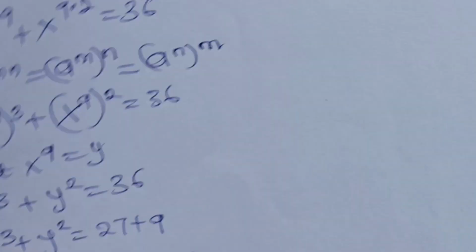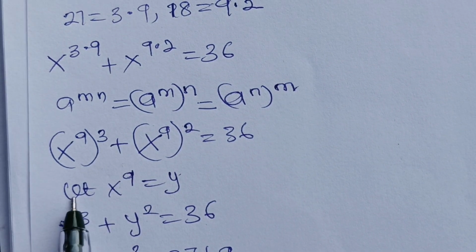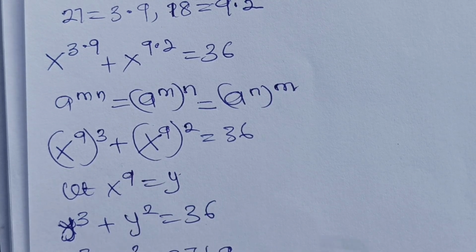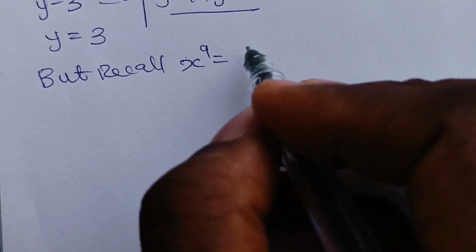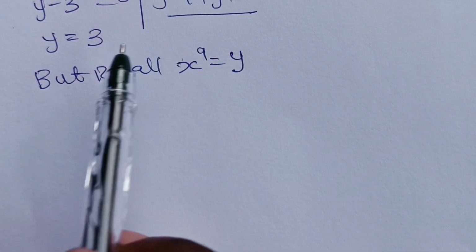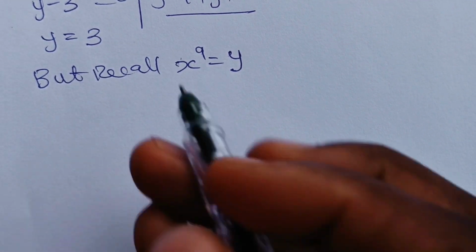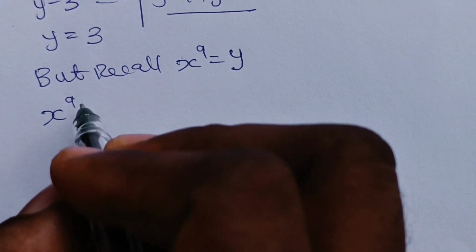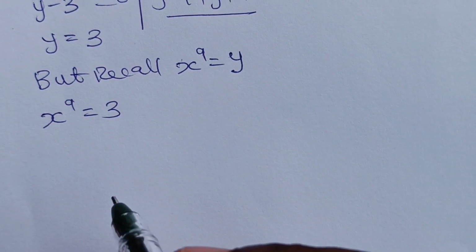We are still going to come back to this one, but recall where we said let x to the power of 9 be equal to y. So if we say that y is equal to 3, we can write that x to the power of 9 is equal to 3.